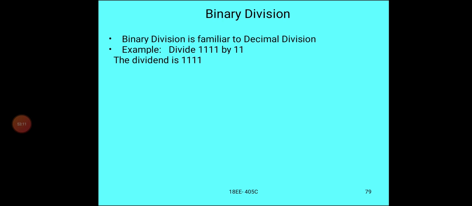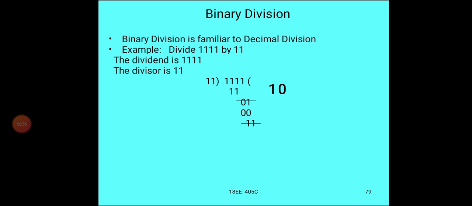The dividend is 1111. The divisor is 11. The first two ones divided by 11 will get 1. 1 times 11 is 11. Take the difference: 00. Bring down the next bits, and repeat.